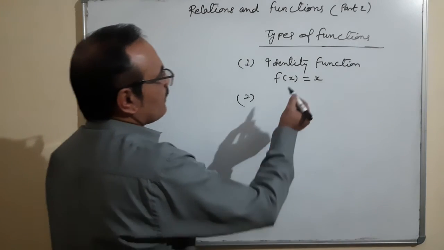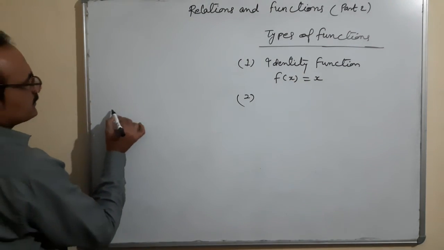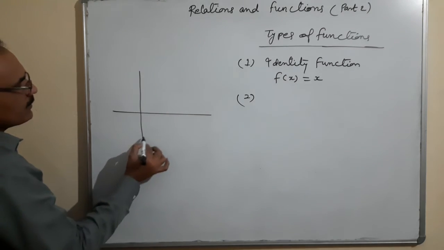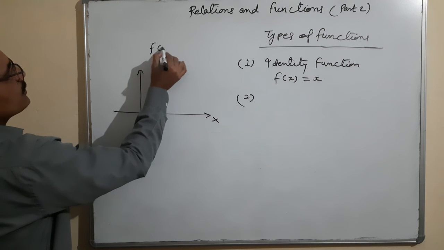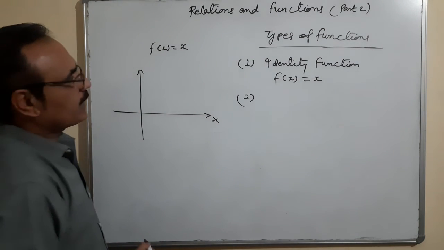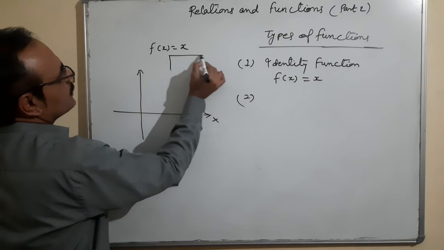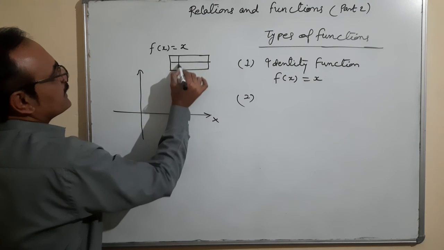Identity understood? If I want to make a graph of it, let me explain. f of x is equal to x. If you want to represent this on graph paper, how to represent it? f of x is equal to x, that means y is equal to x. And you can represent all the functions like that only.